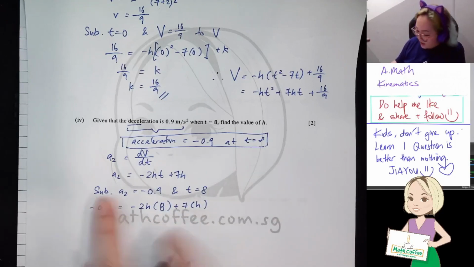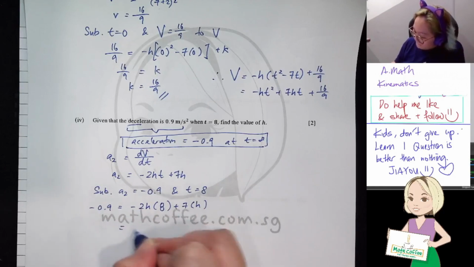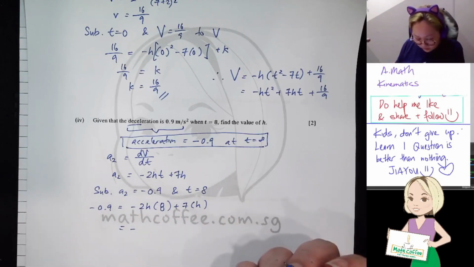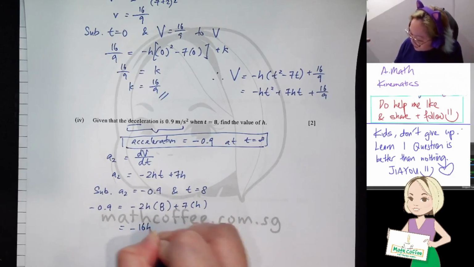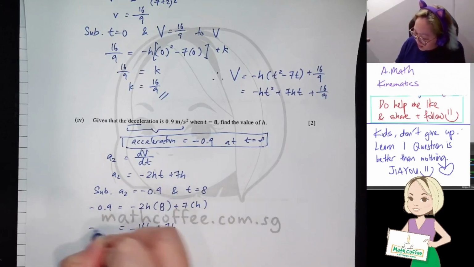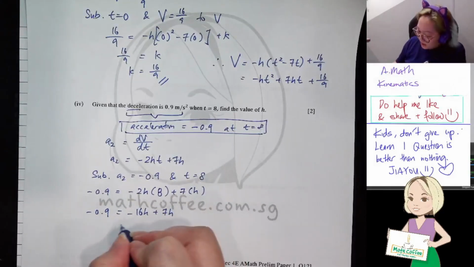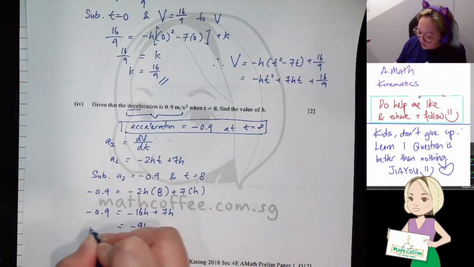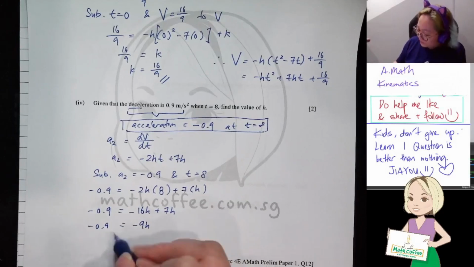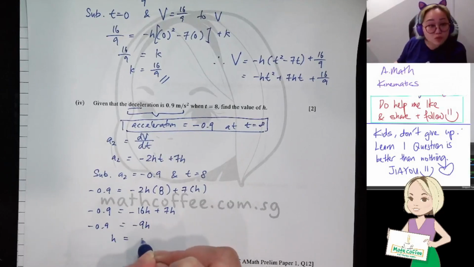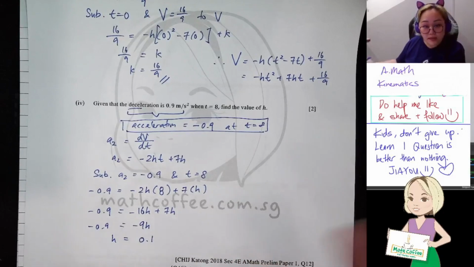So this side is minus 16h plus 7h and negative 0.9. So this one is minus 9h equals negative 0.9. Therefore, my h is equals to 0.1. Done.